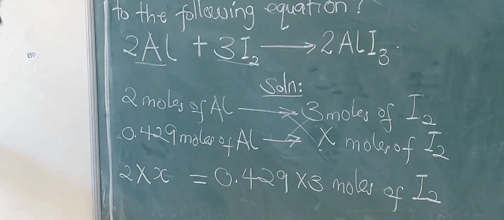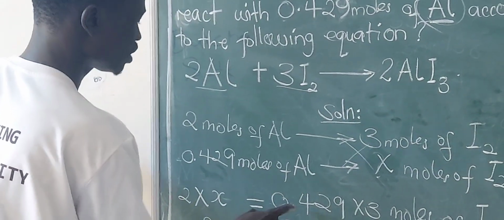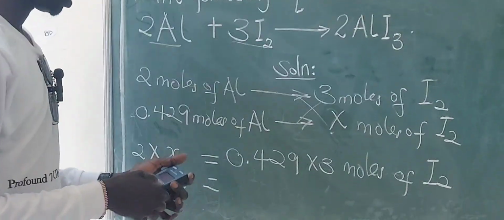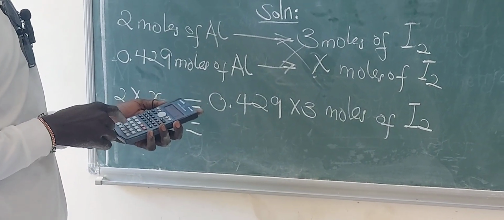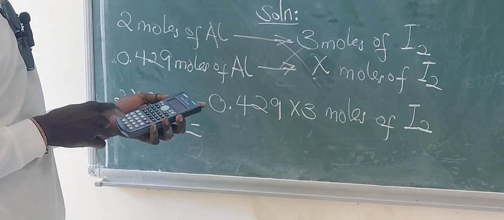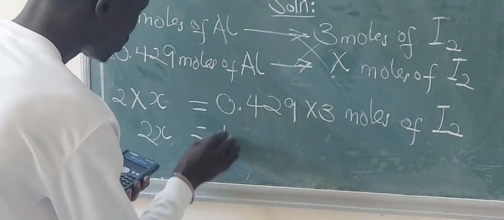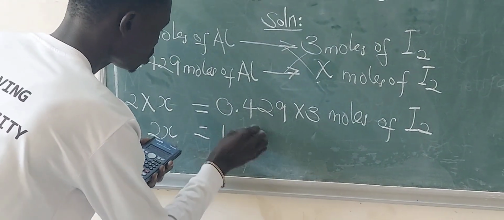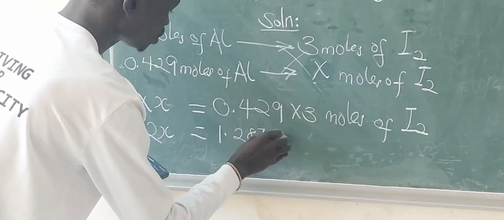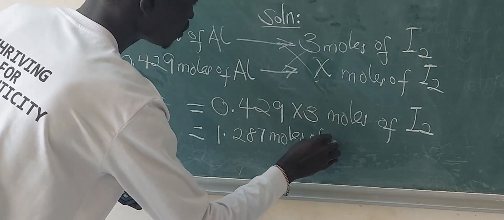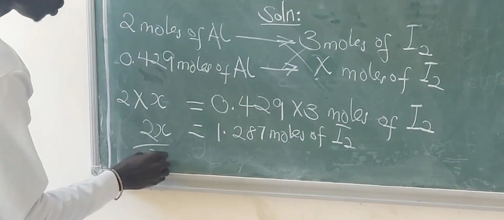Now multiply 0.429 times 3. When I get it, I am getting 1.287 moles for iodine. So now divide both sides by 2.